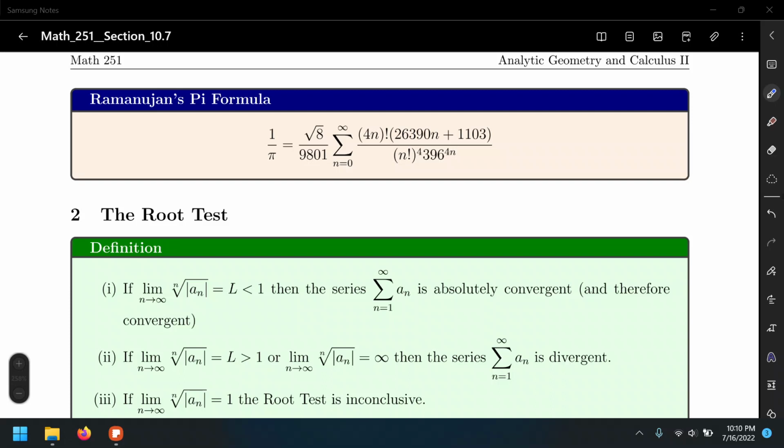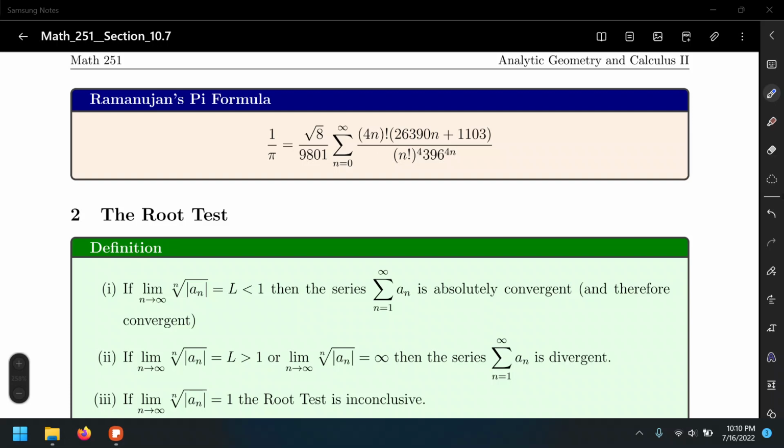And if you try to make sense of this series, how did the 4n factorial times this linear term, and this n factorial to the 4 power times 396 to the 4n, how do you make sense of that? And square root of 8 over 9801, well, try to find a sequence of numbers that follow this rule.